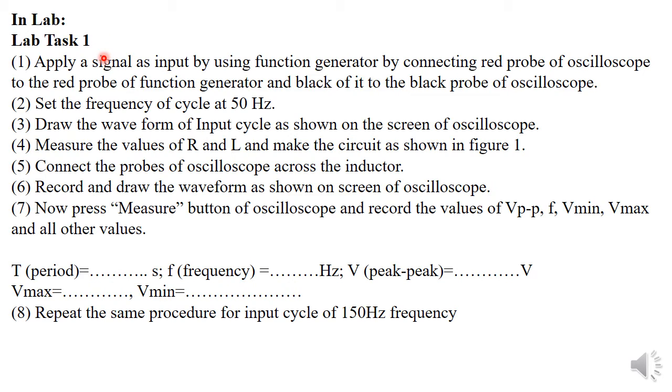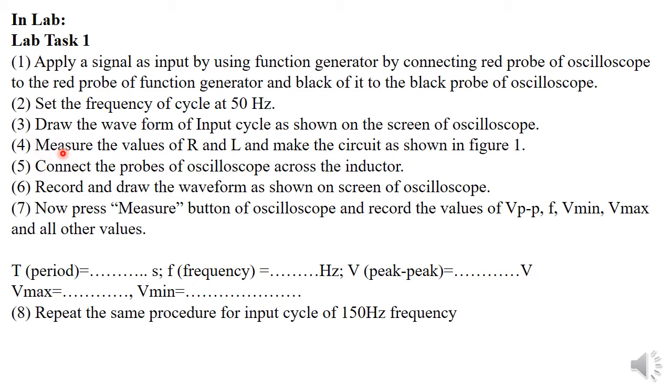For lab task 1, apply a signal as input by using a function generator, connecting the red probe of the oscilloscope to the red probe of the function generator and the black to the black. In step 2, set the frequency at 50 Hz. In step 3, draw the waveform of the input cycle as shown on the oscilloscope screen.